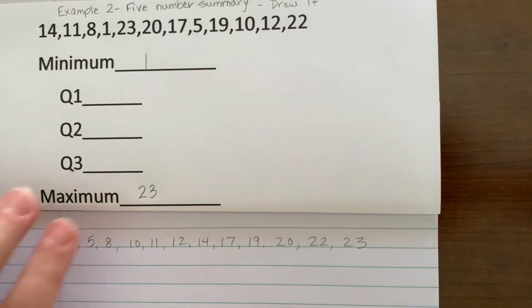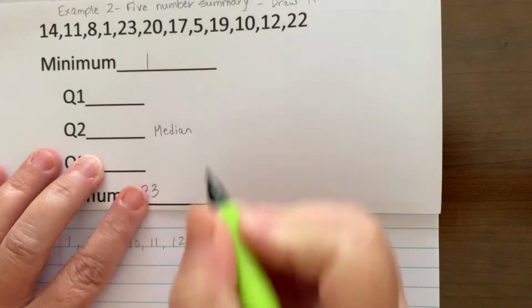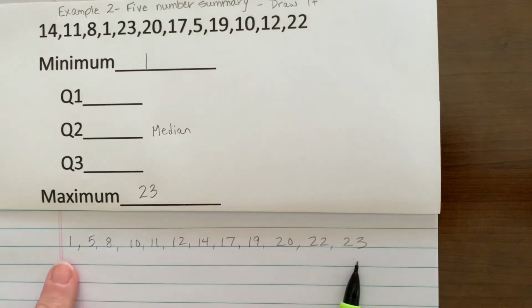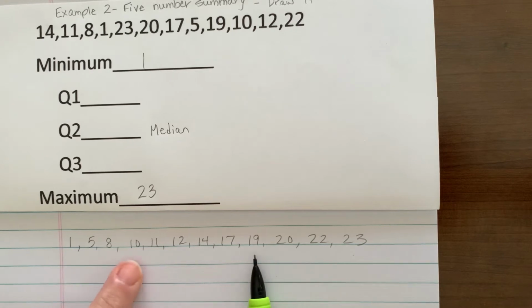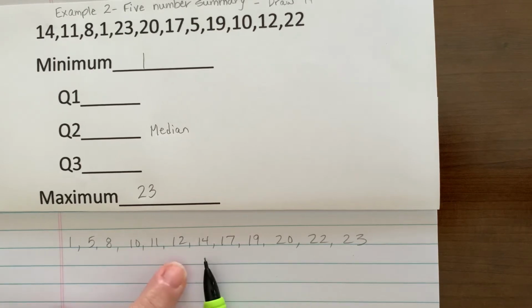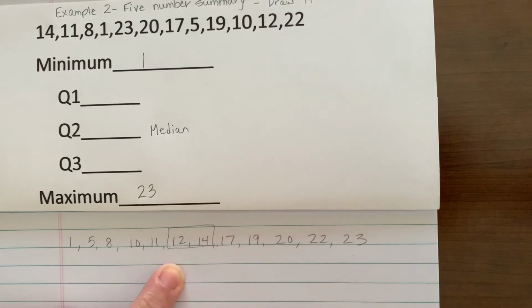Remember, my quartile 2 is my median. That's the guy in the middle. So I'm going to start and count my way in, and count my way in, and count my way in, and count my way in. And I end up halfway between 12 and 14. Well, I really don't need to do any math for that.